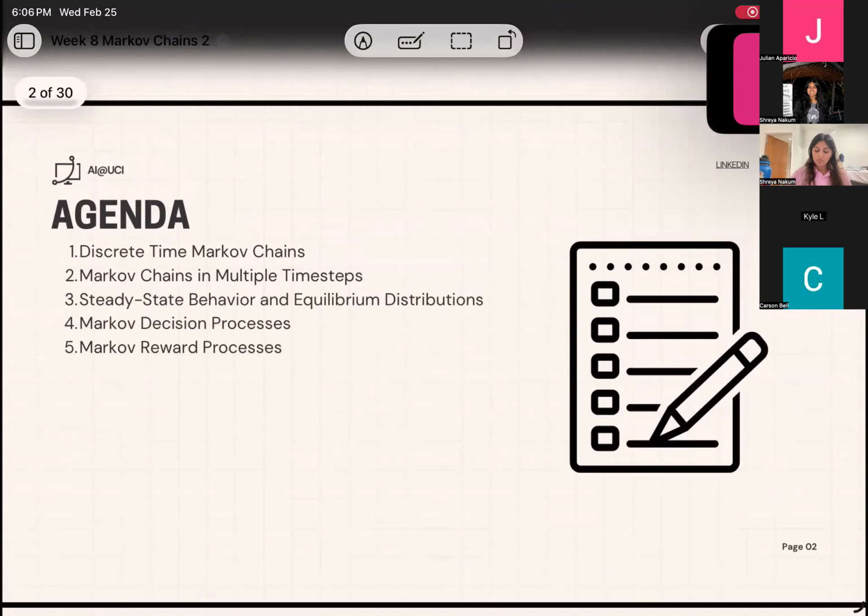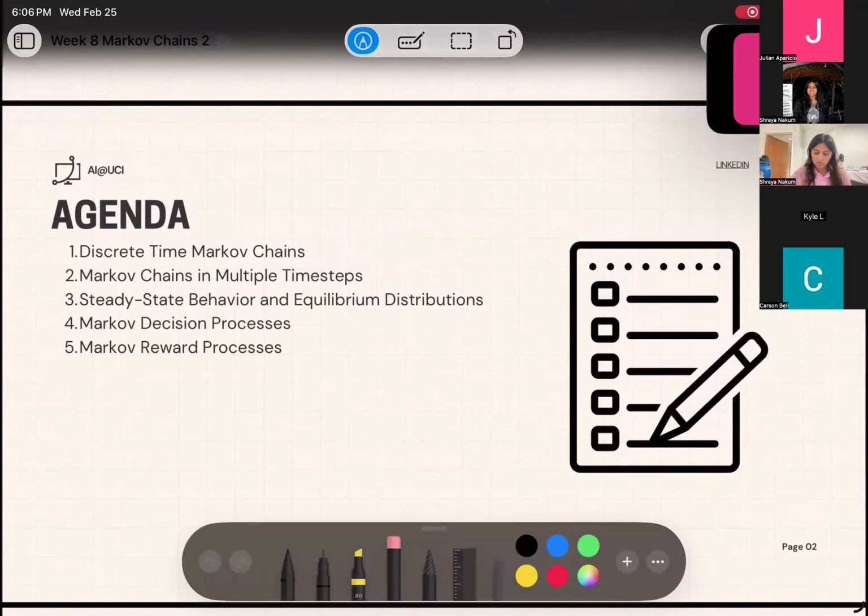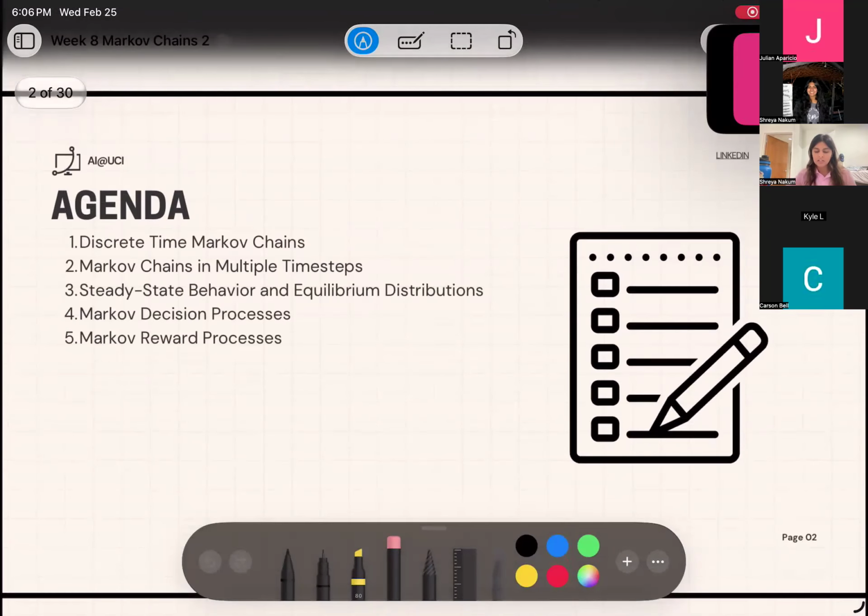First we're going to go over discrete Markov chains, which are basically Markov chains that have some set amount of time that you can think about. It's not something that can have decimal amounts. It's the normal way that we talk about discrete versus continuous. Then Markov chains in multiple time steps, which is the actual purpose of Markov chains, so that we can predict the probability that we will be someplace.